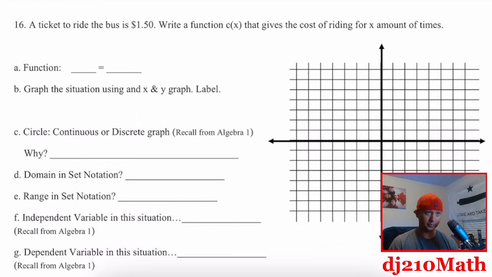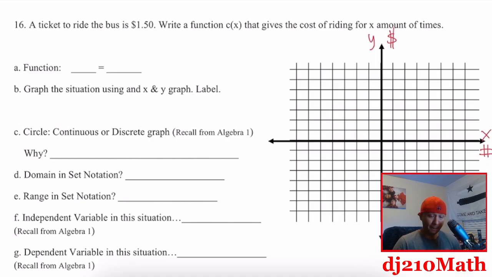Second one, last one, actually. A ticket to ride the bus is $1.50. Write a function c of x that gives the cost of riding for x amount of times. Again, we label the axes, y and x. This is the dollar amount. This is the number of rides, number of tickets sold.